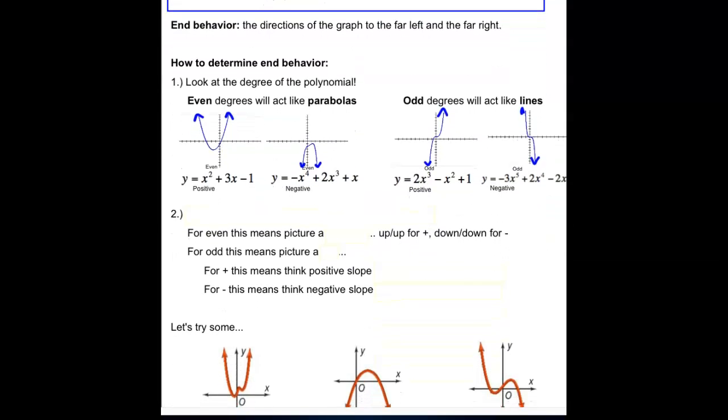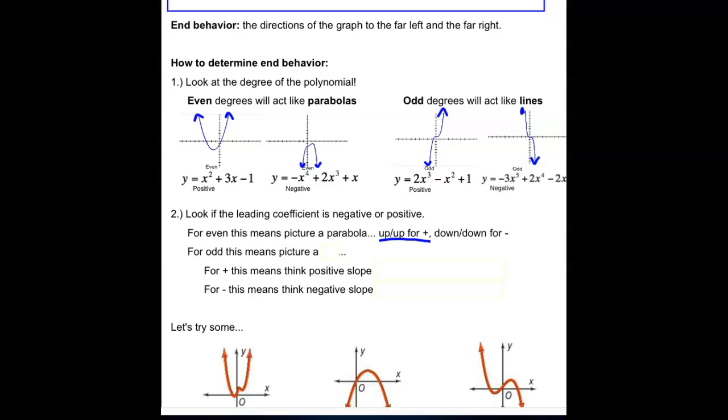How we determine what they're going to look like is based on their degree and then the leading coefficient. So we have to look at that very first number and determine if it's positive or negative. For even degrees, it's going to look like a parabola. So both will point up if the leading coefficient is positive, and both will point down if the leading coefficient is negative.